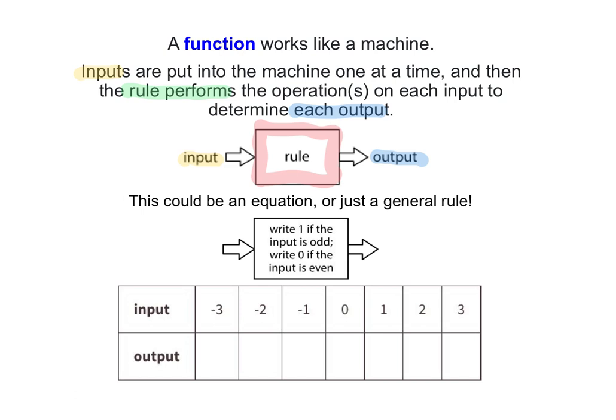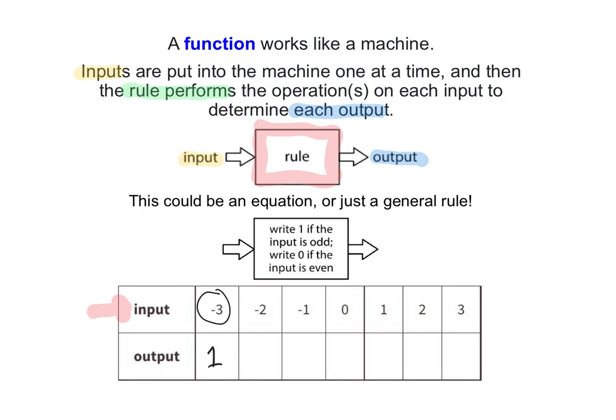Like we have a rule here that says whatever you input, we will write 1 if our input is odd and write a 0 if the input is even. So here we have ourselves a nice little list of inputs, and what happens is first a -3 goes into our function machine, and because the rule is write 1 if the input is odd and a 0 if it's even, that means that our output is a 1.